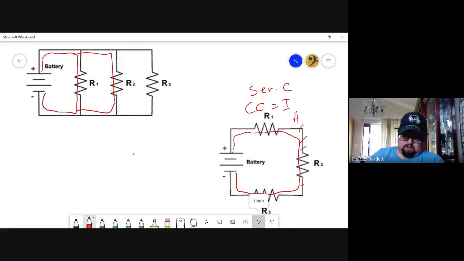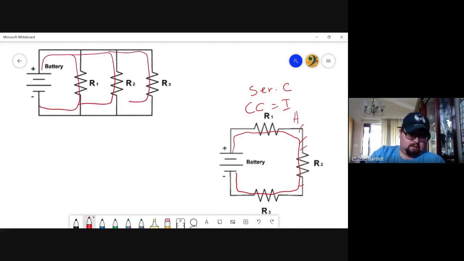So, a series circuit has one pathway with a circuit constant of amperage, because there's only one way for the amps to go. And a parallel circuit has many pathways, like I'm drawing again, and the circuit constant, because there are many pathways, is actually voltage, or E. That's the first thing you have to keep straight in your head.